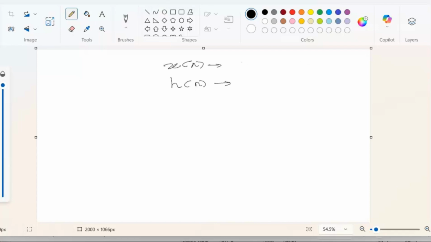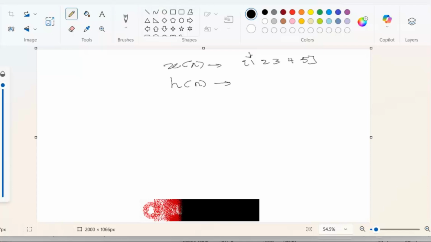So x of n is, let's say, 1, 2, 3, 4, 5. And when you see this arrow in this context, that means this is zero indexing: 0, 1, 2, 3, 4.